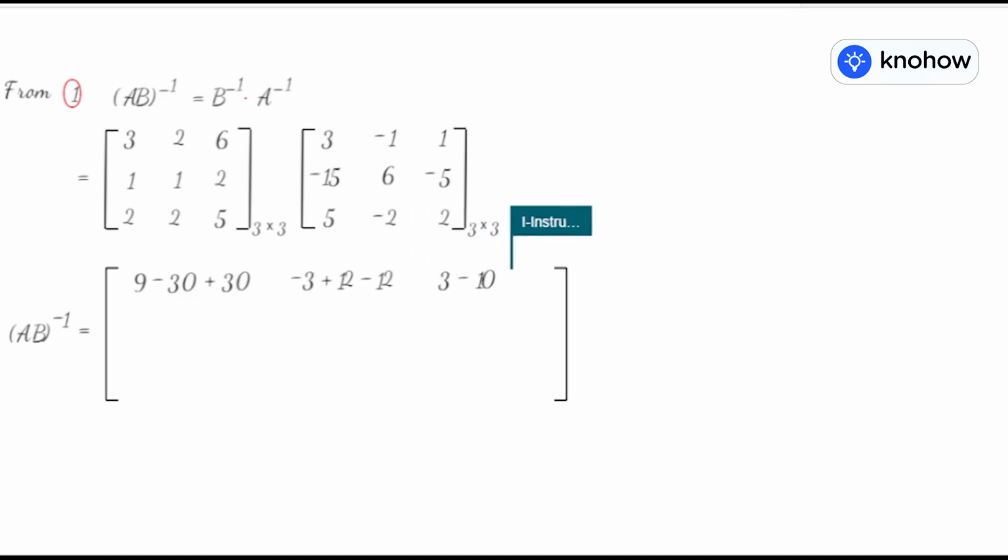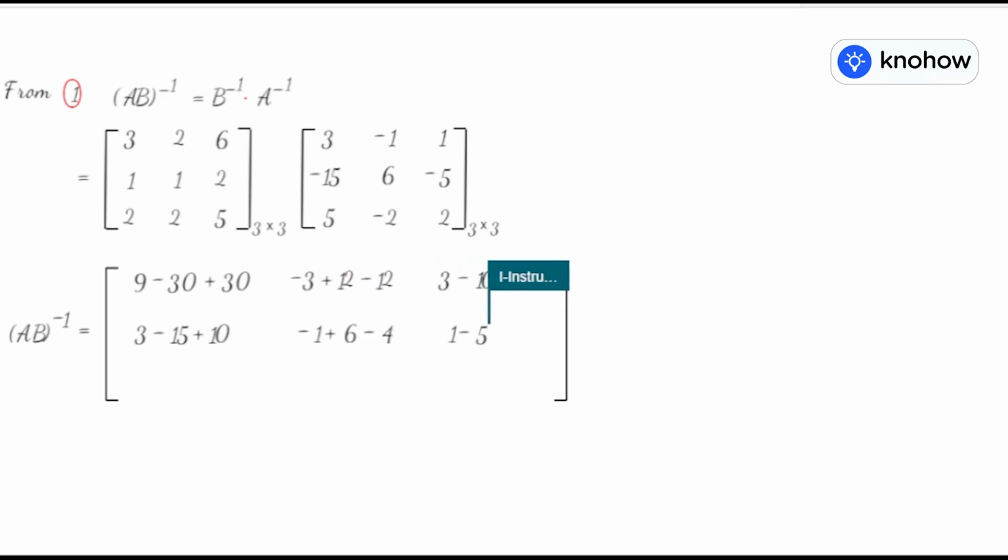And now repeat the process with the second row and multiply to columns 1, 2, 3. You get 3 minus 15 plus 10. Multiplying the second row with the respective elements of the second column, you get minus 1 plus 6 minus 4. And with the third column, you get 1 minus 5 plus 4.